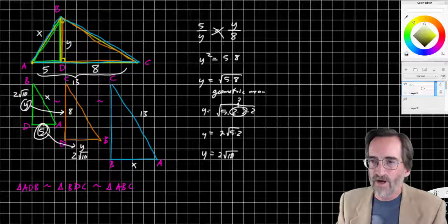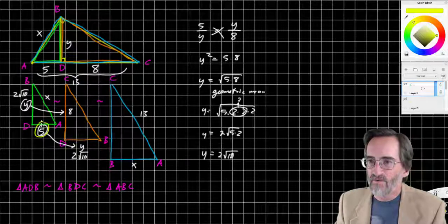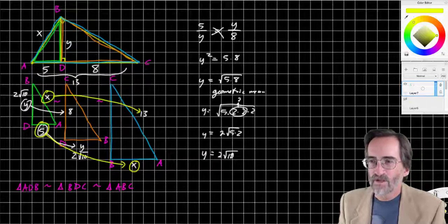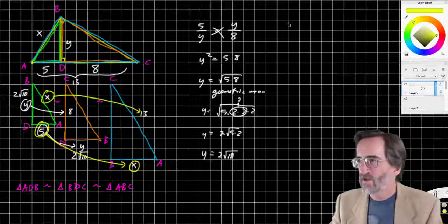So 5 is to X as X is to 13. Hypotenuse to hypotenuse. 5 is to X as X is to 13.